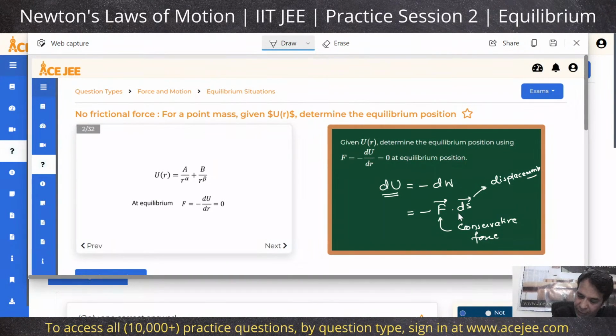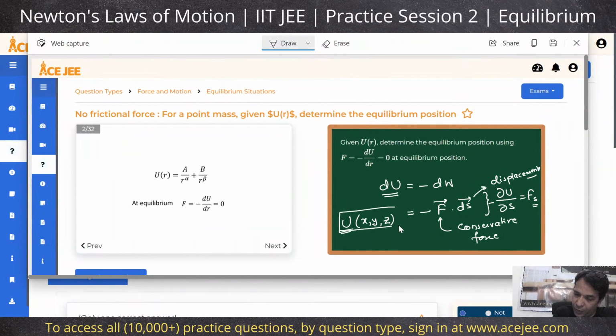Now, if you are given some function U and you are asked to determine the force, I can write minus del U by del s as the force along that direction s.